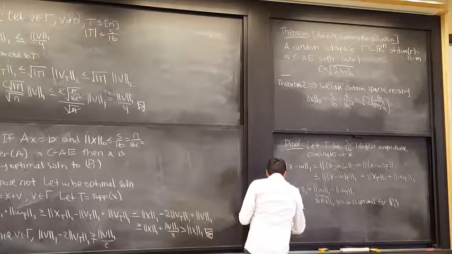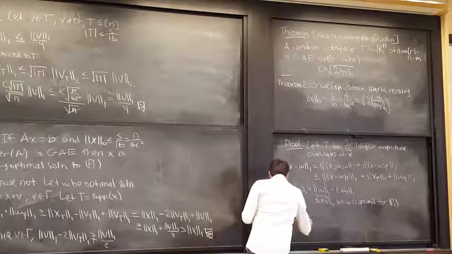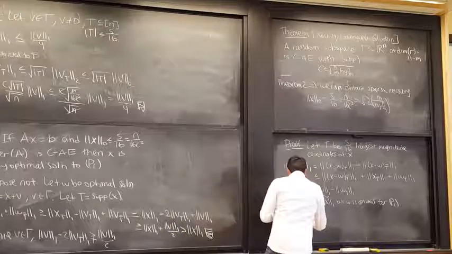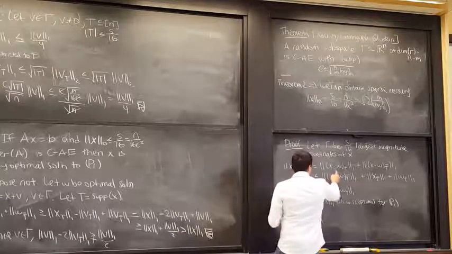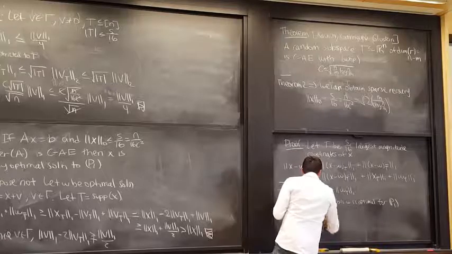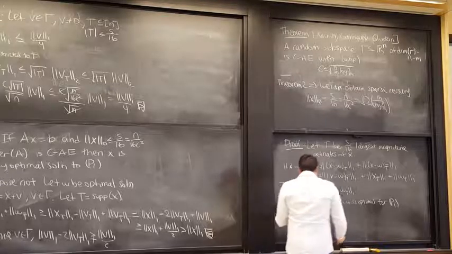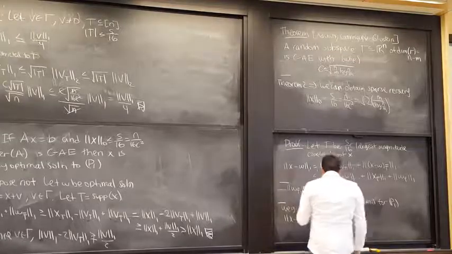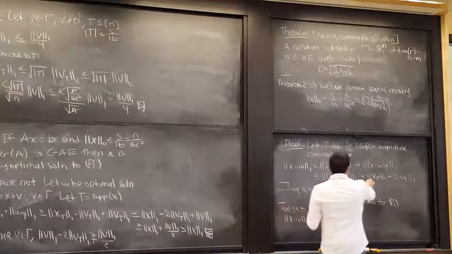So at the end of the day, what we're going to get, putting this all together, is that the L1 norm of x minus w is in fact upper bounded. Well, I've got this first term right here. That's going to stay exactly what it was supposed to be. And I'm going to have the remaining terms.